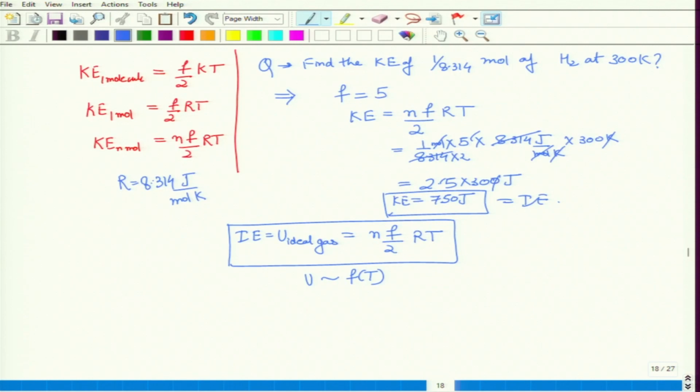You can vary the temperature and you can see the internal energy of the gas changes. So the change in internal energy with temperature can be found out as delta U equals nF by 2 R delta T. So if you change the temperature, you will get the change in the internal energy of the system.